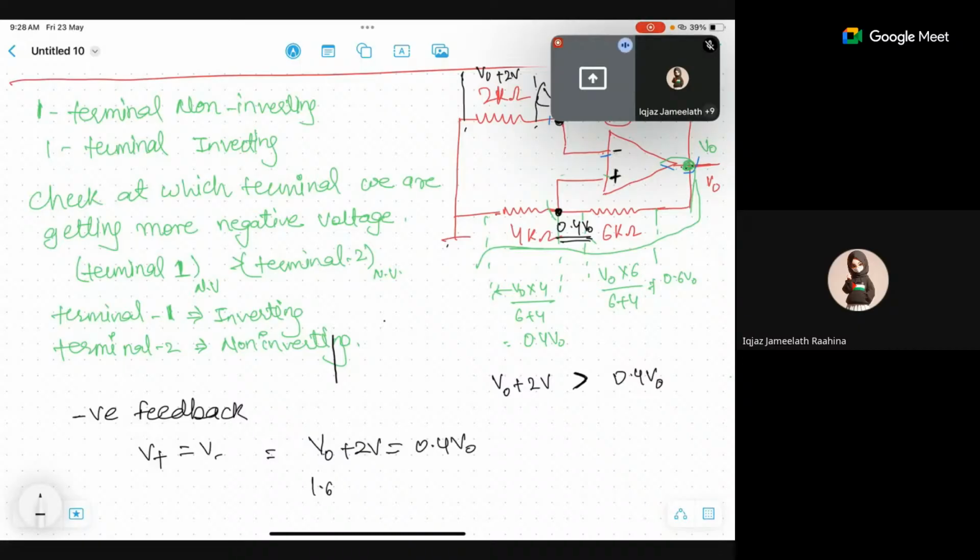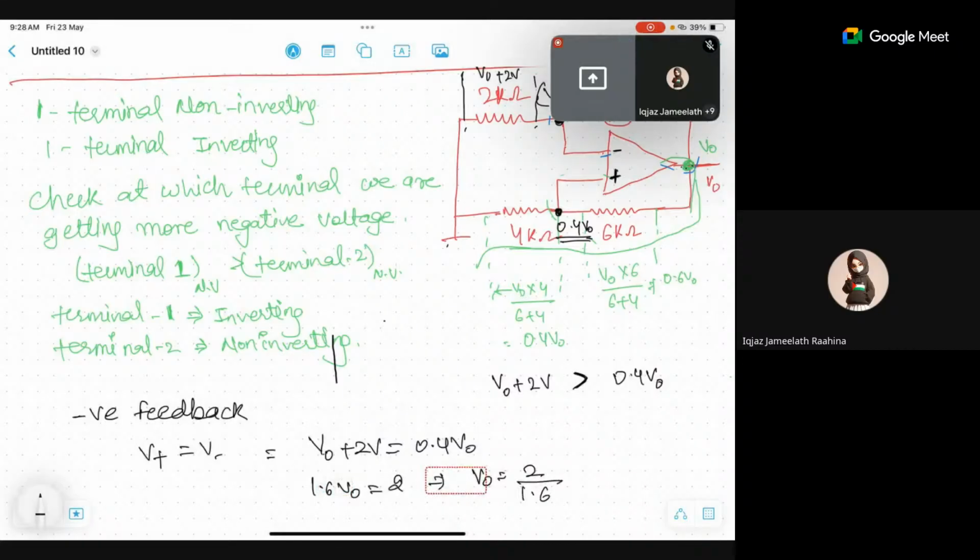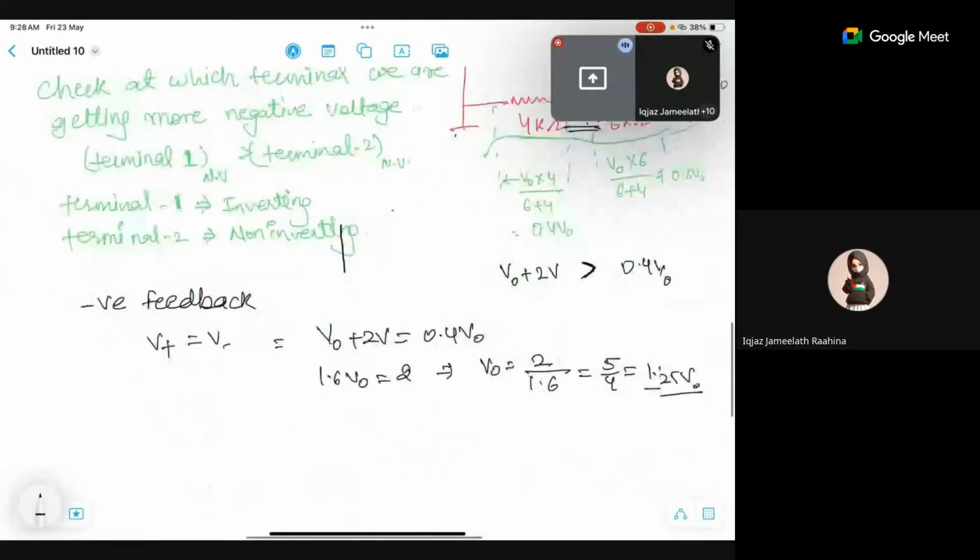So 1.6 times V naught is equal to 2 volts, and V naught is equal to 2 divided by 1.6, that is 5 divided by 4, 1.25 volts.